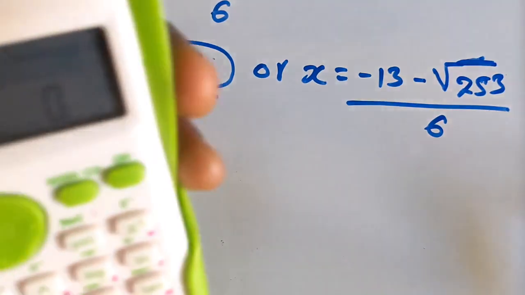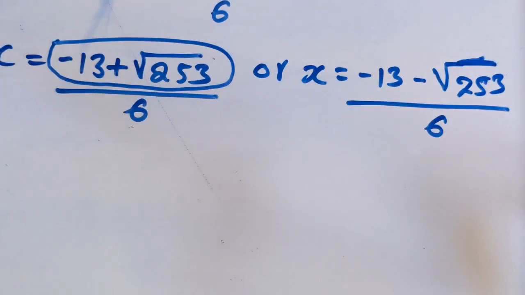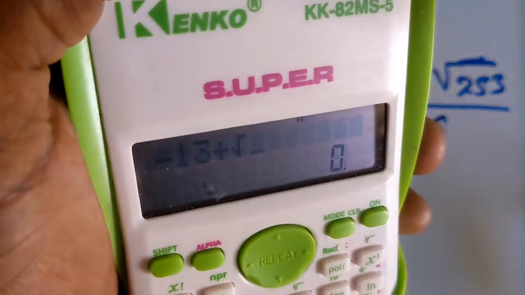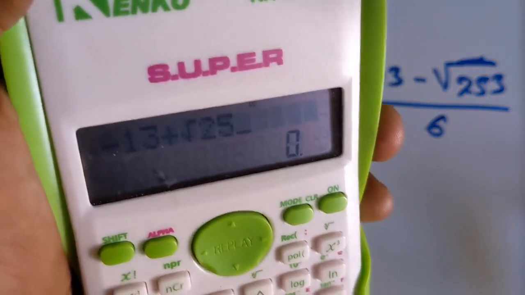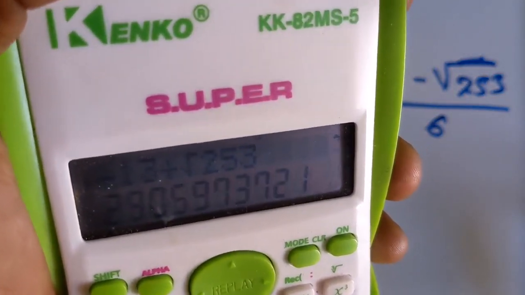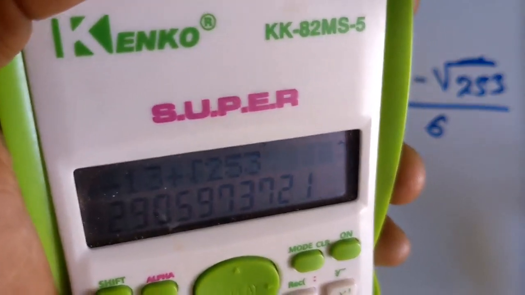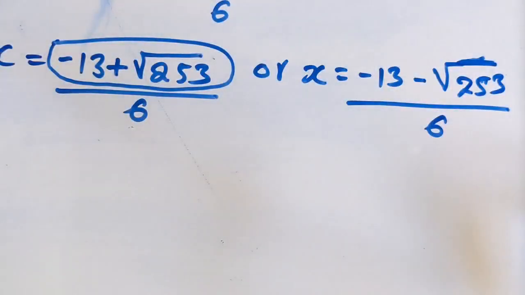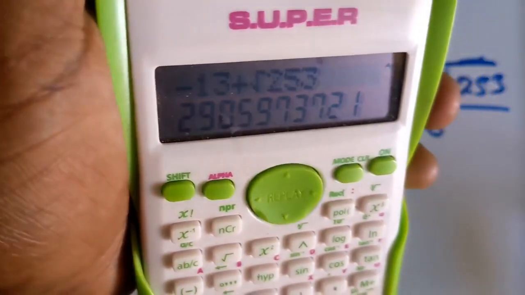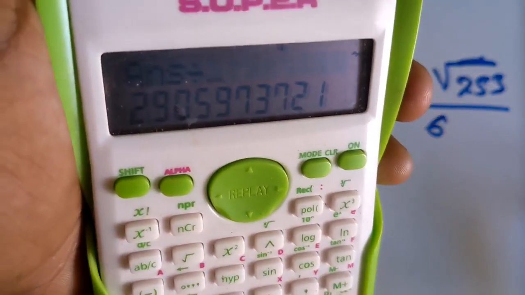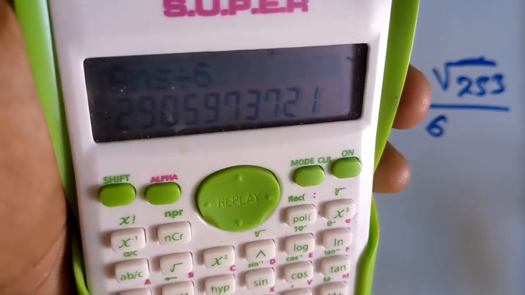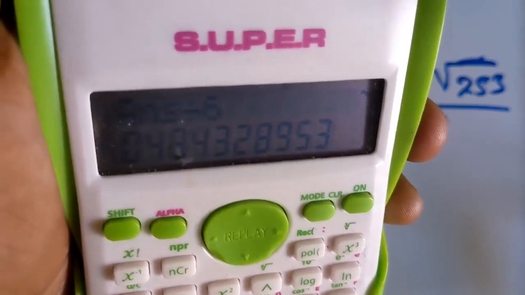So you say negative 13 plus root of what? 253. Okay, that is the answer that it is giving me. Then that is when you can divide by 6.